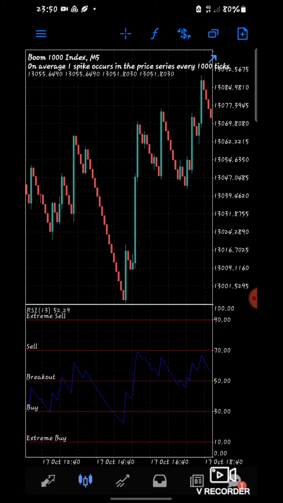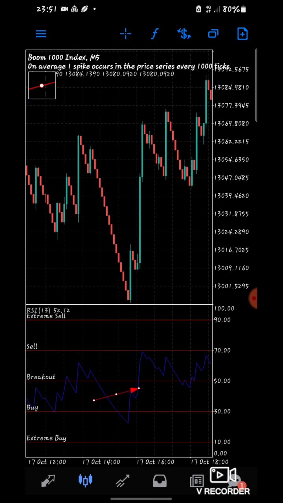Okay, so example is this, guys. Did you see that? Immediately the RSI crossed the buy line, which is 30, it started spiking, and it actually approached this breakout where we should exit the market. So this point is where we should exit.